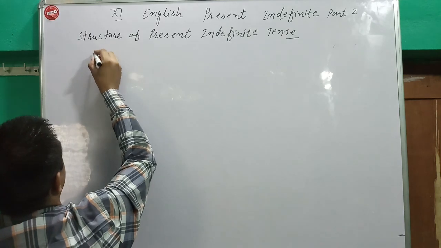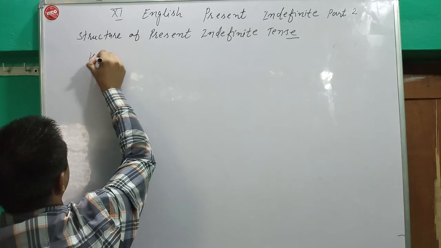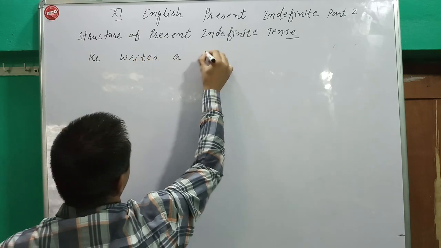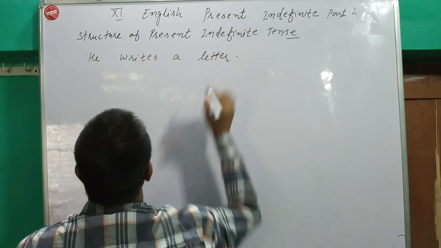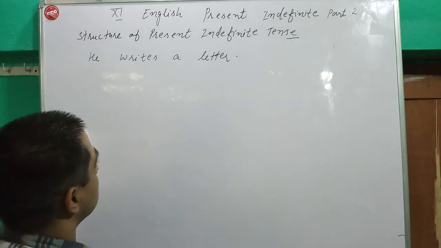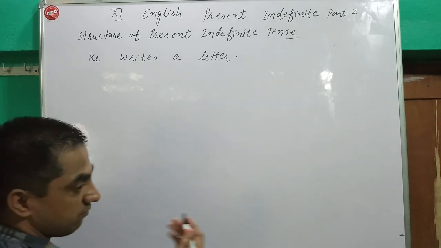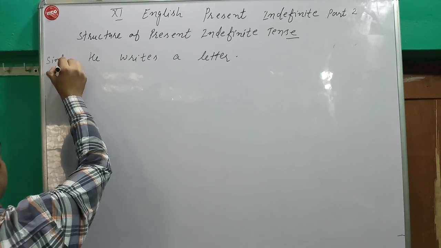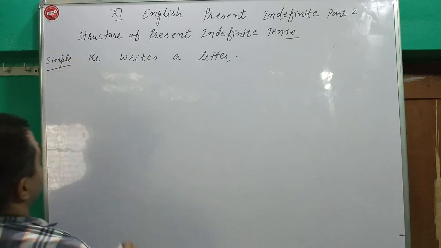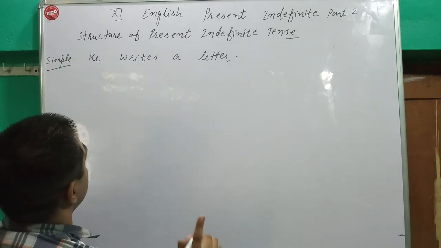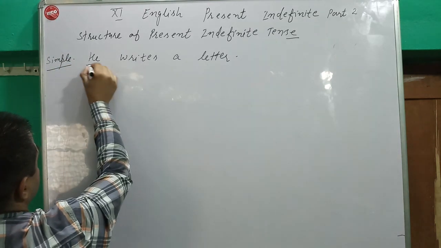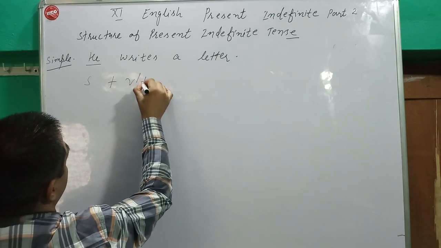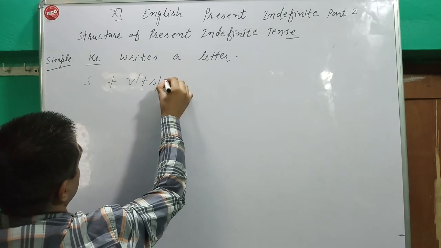Here is an example. He writes a letter. You know very well that this sentence is written in simple form. This is a simple sentence. What is the structure of a simple sentence of present indefinite? Subject, first form plus s or es.